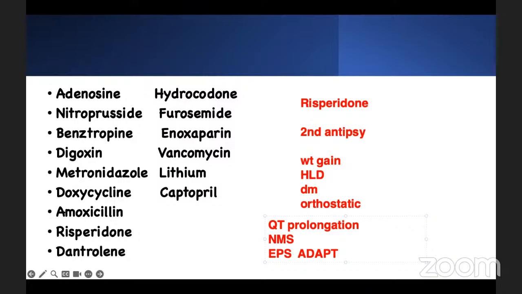It does not matter. If I give you olanzapine, it's the same thing. If I give you clozapine, it's the same thing. The only thing you worry about with clozapine is agranulocytosis, in addition to all that I've said, specific for that medication. That's all. So, antipsychotic.